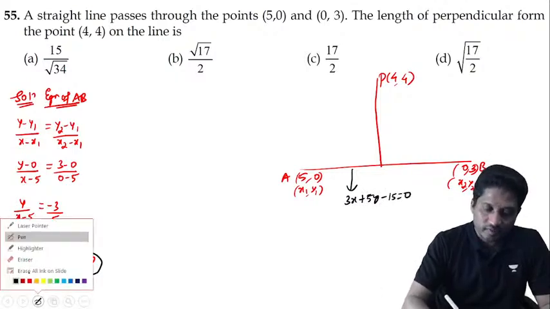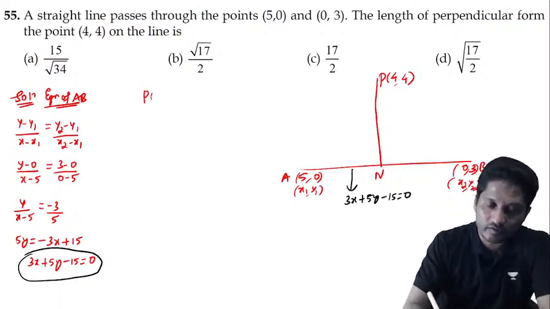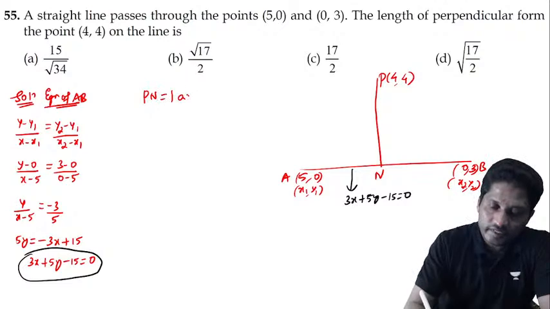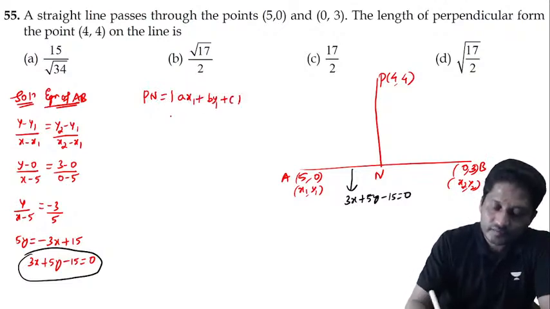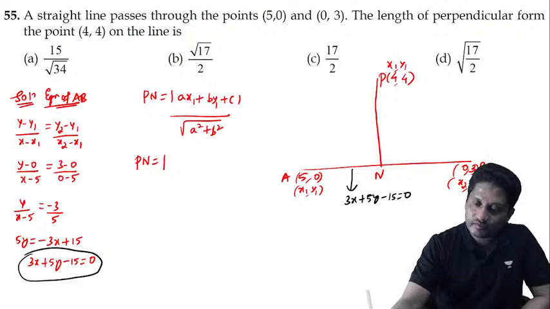If I use the length of the perpendicular formula, PN is equal to modulus of (ax1 plus by1 plus c) divided by root of a square plus b square. No need to check what is x1, y1, nothing. So this is x1, y1, right?